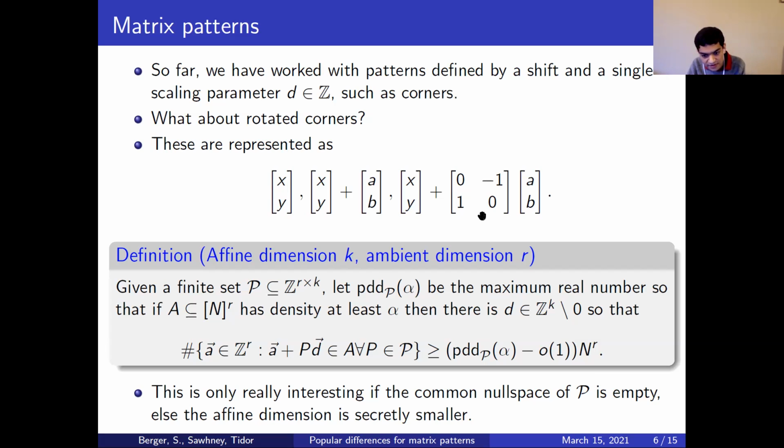So maybe just to explain a little further, for example, in the case of rotated corners, I would have a set of density alpha, and I'd want to find a popular difference a comma b, such that there are many such xy, such that if I go by ab and then I go by its rotation, all of that is in the set. And I'd want maybe alpha cubed times n squared many such xy, satisfying that for some non-zero ab. And as it turns out, we'll be able to do that.